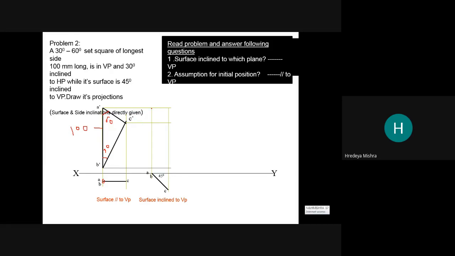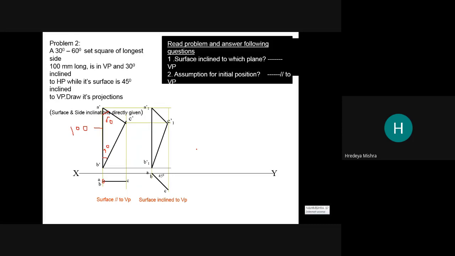This is A1 dash, this is C1 dash, and this is B1 dash. So you get the 3 points A1 dash, B1 dash, and C1 dash.